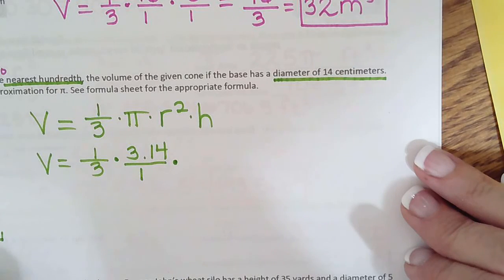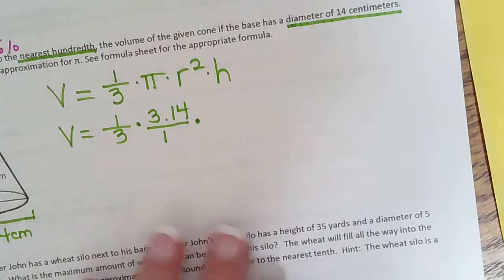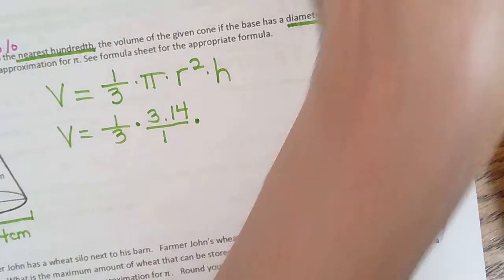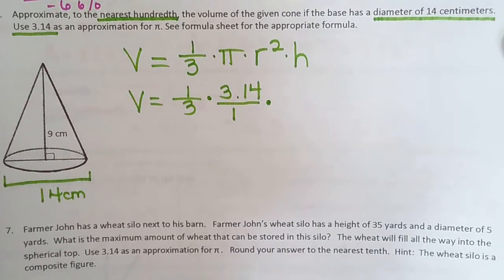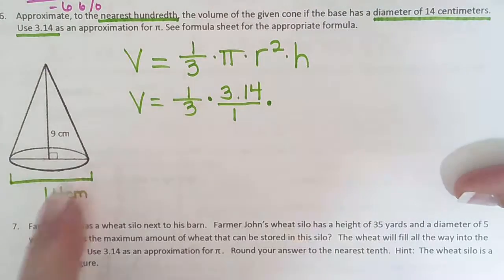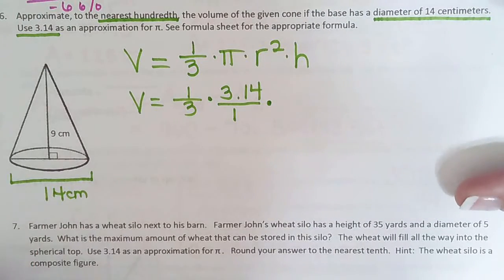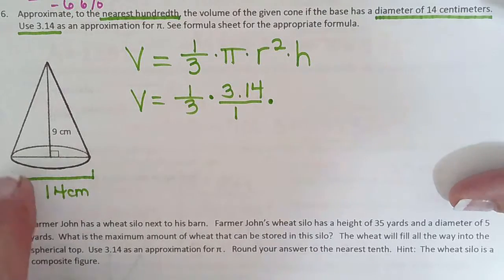So do I just stick 14 in? Absolutely not. Don't do it. That's not what they're asking for. The formula's asking for the radius, and they're giving you the diameter. So this whole thing is 14 centimeters.